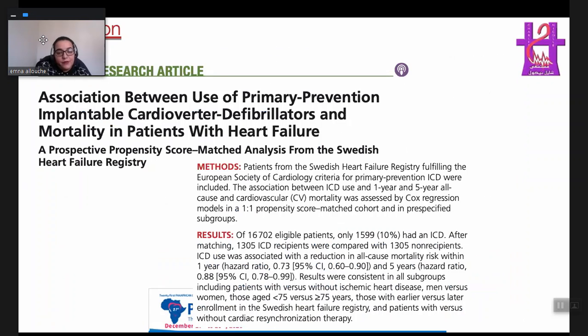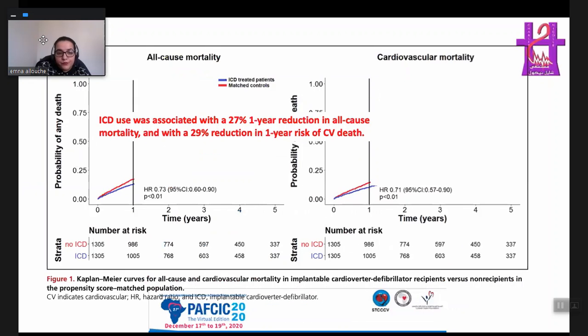Analysis of data from the Swedish heart failure registry, which focused on the association between the use of primary prevention ICDs and mortality in patients with heart failure, found that only 10% of eligible patients had ICDs, and ICD use was associated with a 27% reduction in all-cause mortality during the first year, and with a 29% reduction in the risk of cardiovascular death.